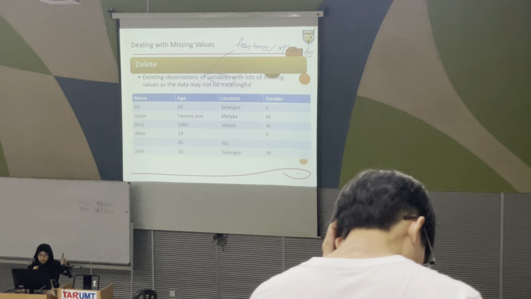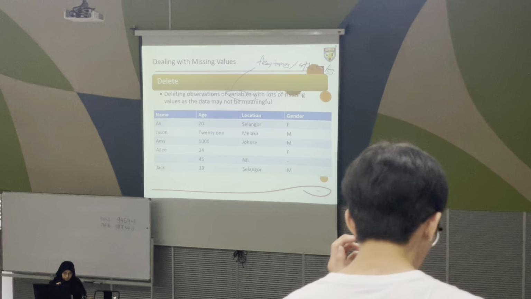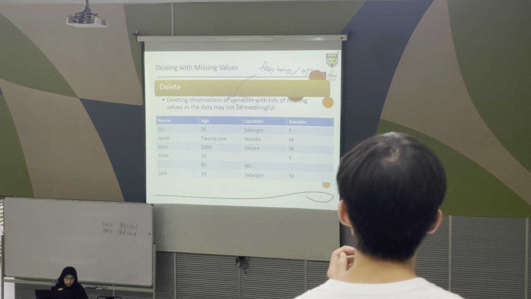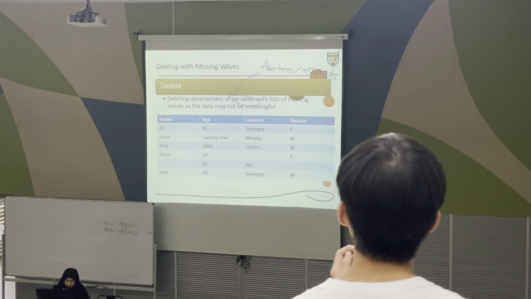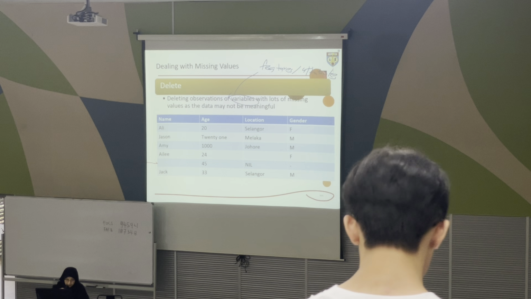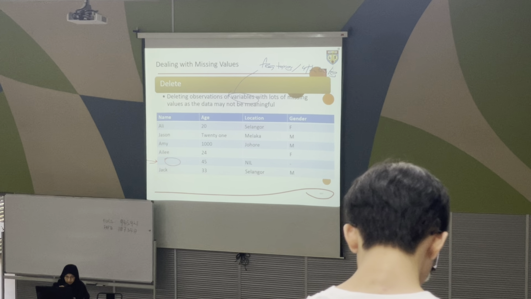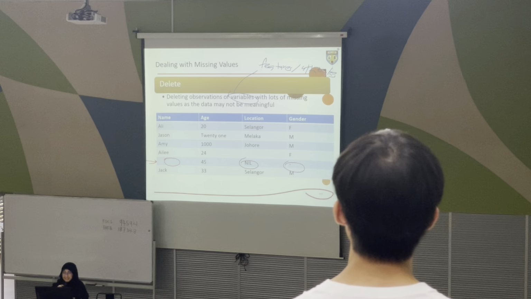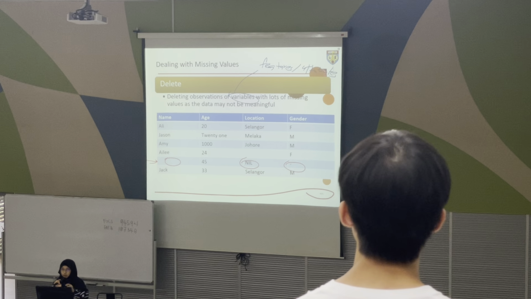Delete features. Or another way is you can delete the records or the rows. For example, rows 1, 2, 3, 4, 5. So record 5 has 1, 2, 3 missing values, so you can delete the rows.